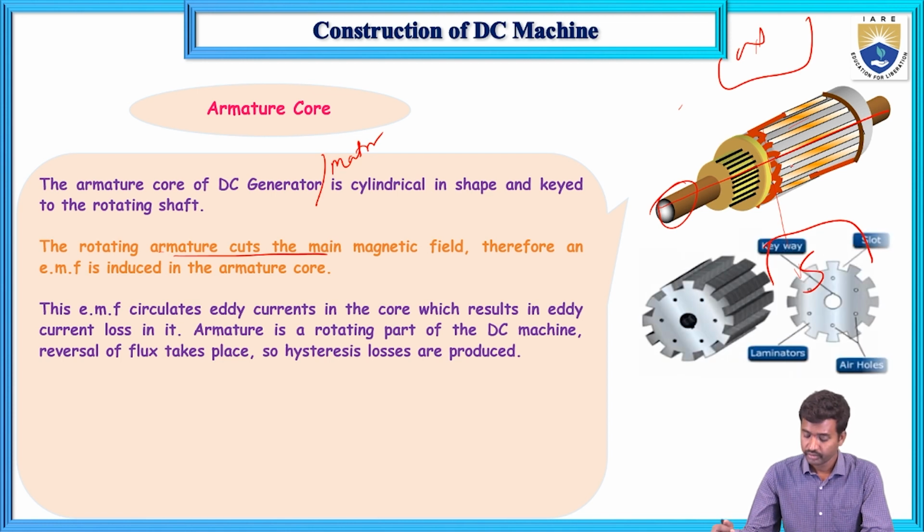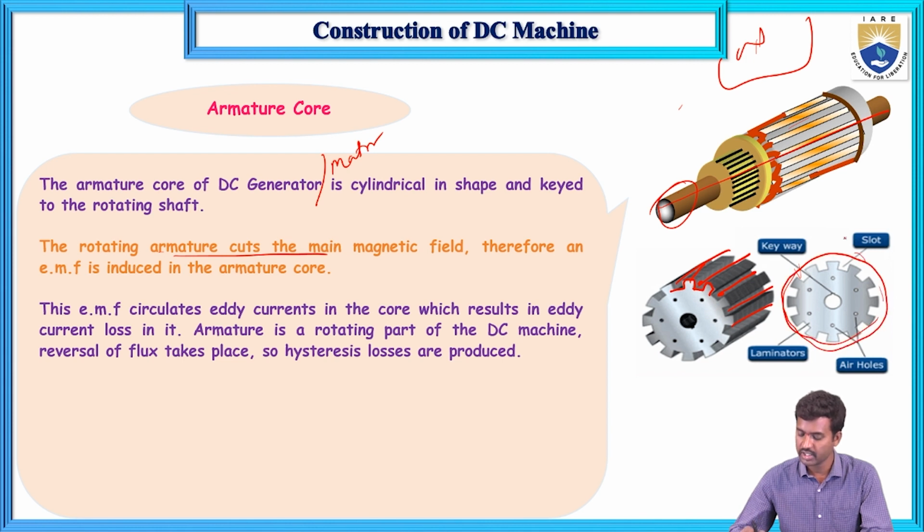Now here is the real, actual picture. These are the teeth and these are the slots. In the slots, armature winding is placed. So this is the winding. These are circular plates, and a number of circular plates form the cylindrical shape.